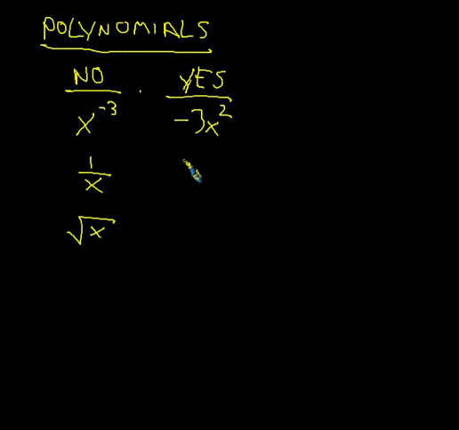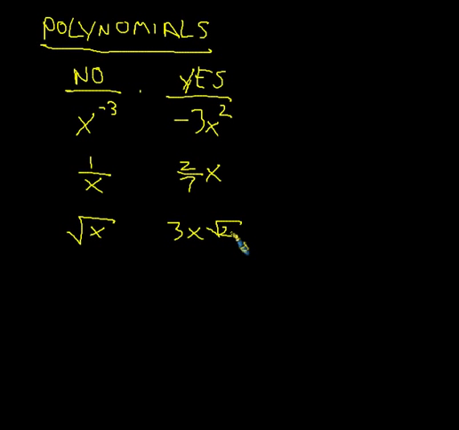And if I have a fraction in front of the variable, like 2/7 x, that's a legitimate term. You can have fractions as coefficients. You just can't have the variable in the denominator. And finally, something like 3x times the square root of 2 is a legitimate term in a polynomial because the variable is not part of the square root.